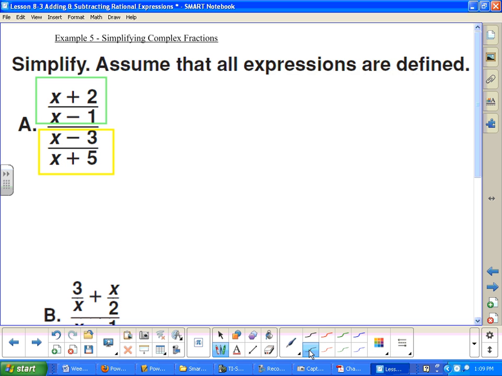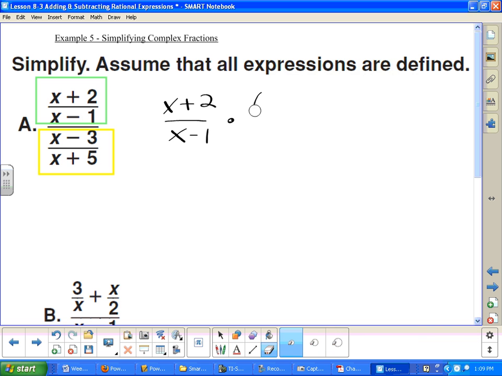So we copy x plus 2 over x minus 1, change it to multiplication. We have x plus 5 over x minus 3. Now in this case, is there anything I can factor? No. Is there anything I can cancel then?